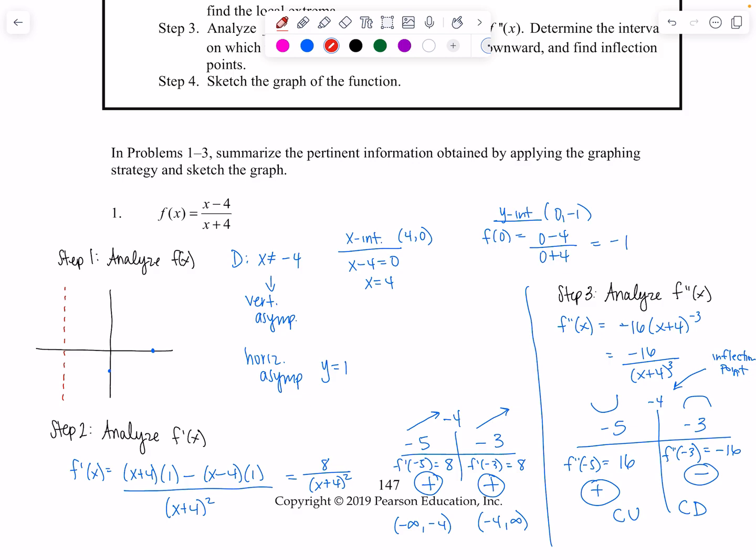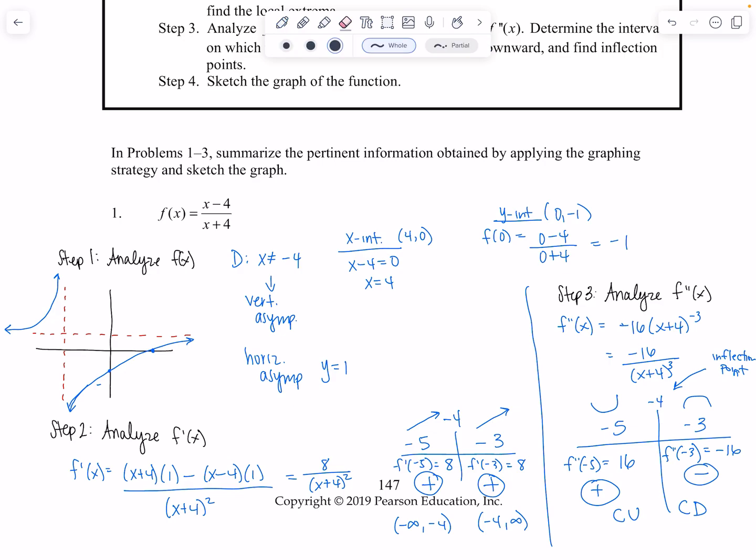I'm just going to mark our vertical asymptote, horizontal asymptote, then we've got something like increasing and concave up, increasing and concave down, something like that.